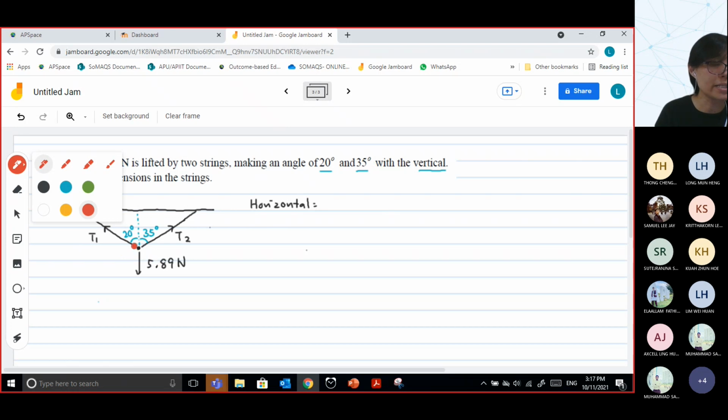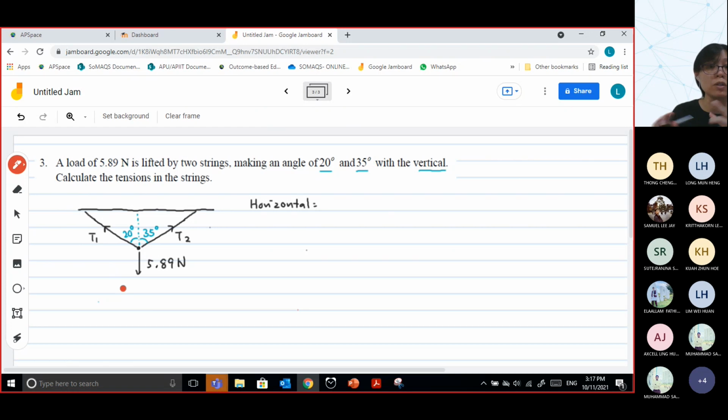Your angle is in vertical, so find the angle measure with horizontal, because we always use cos for horizontal component. Else, if you're using the angle for vertical, then you cannot use the cos that you normally use.